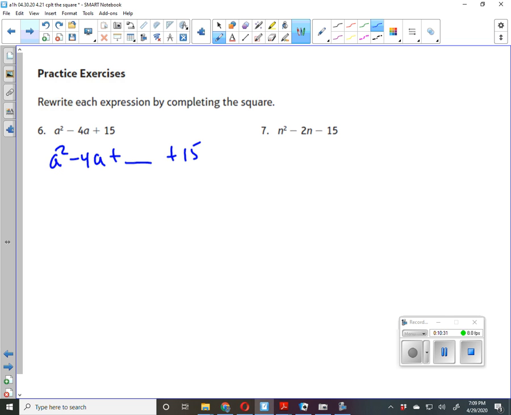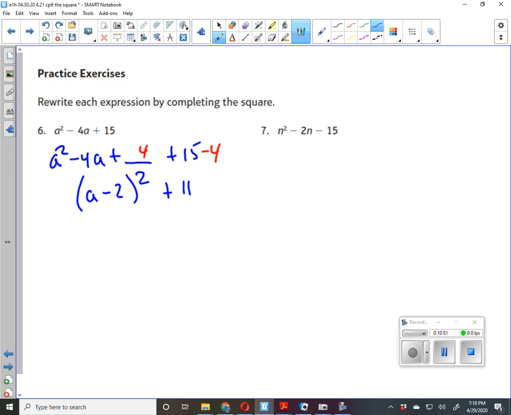And now notice there's no equal sign, so this is just an expression. Half the middle term squared is going to be 4. If I add 4, I also have to subtract 4 if there's no equal sign, right? This becomes a minus 2 squared plus 11.